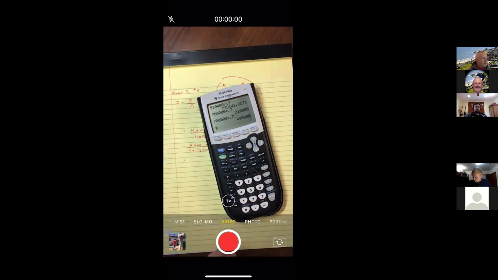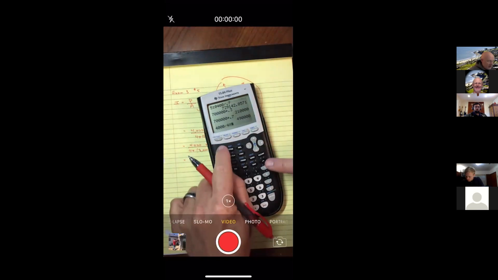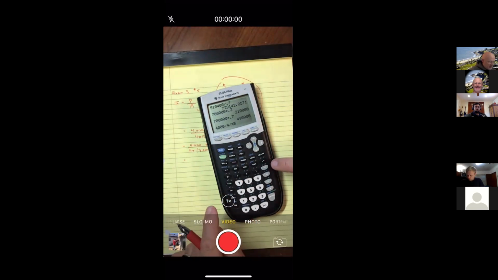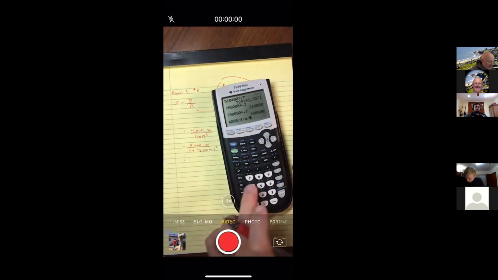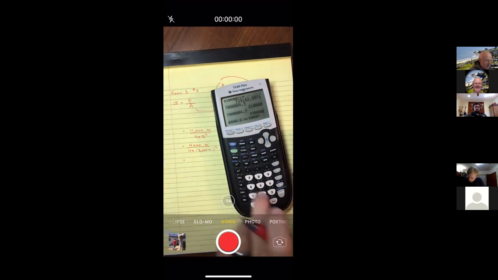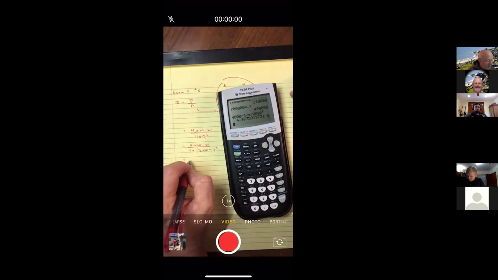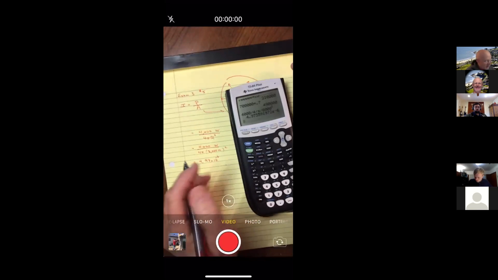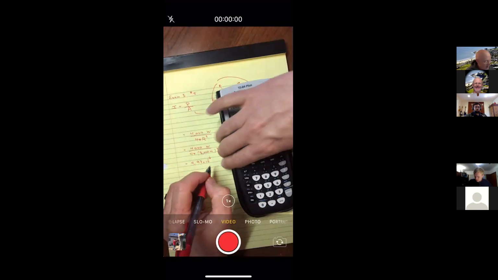Maybe first third of the problem now that I think about it. But 4,000 divided by 4, also divided by pi, and also divided by 8,000 squared, comes out to be 4.97 times 10 to the negative 6 watts in 1 square meter.